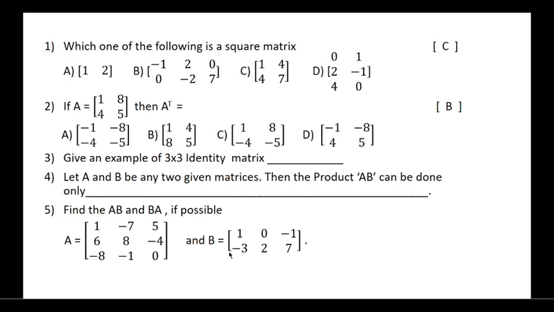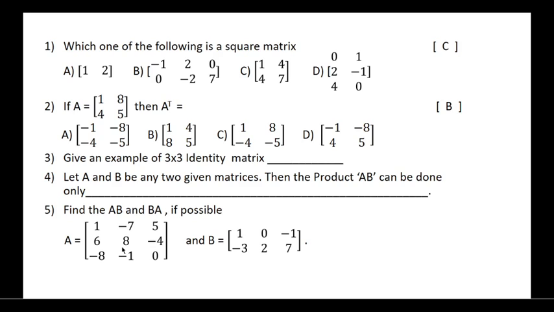Why? Because in the first matrix A there are 3 columns. The second matrix B contains 2 rows. So they are not equal. The number of columns is not equal to the number of rows. That's why multiplication of AB is not possible. Then we go for BA. To find the BA matrix, the first matrix is B and the second matrix is A. In the matrix B, the number of columns is 3.